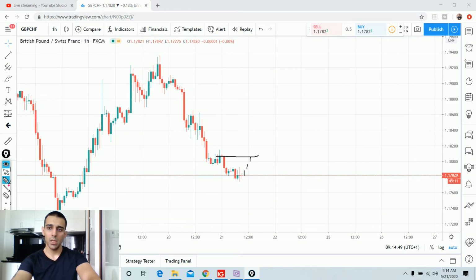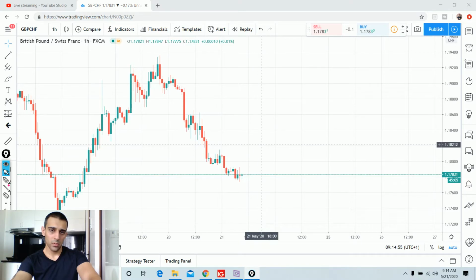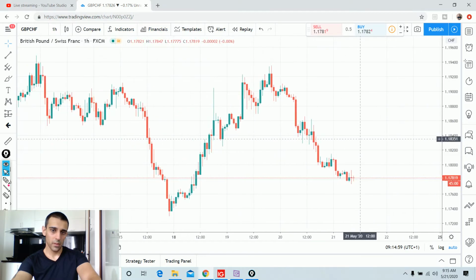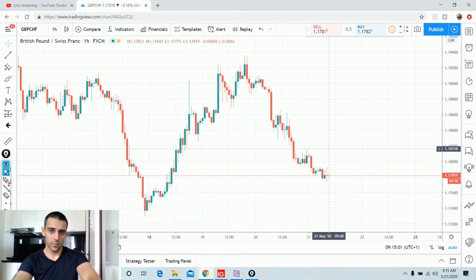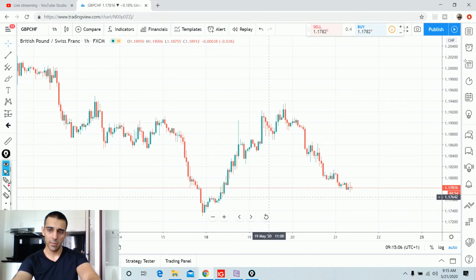If we get onto 118.05, the stop loss could be as tight as 15 pips. Yeah, 15 pips will be enough on this one, and the target's going to be the same.